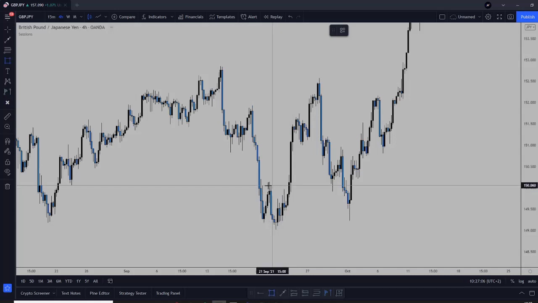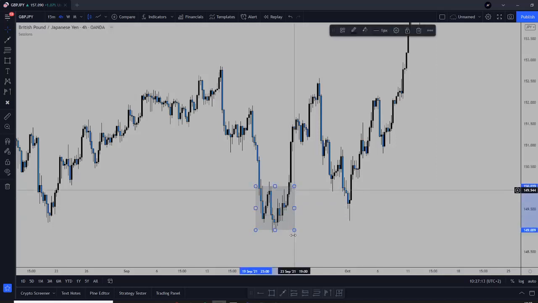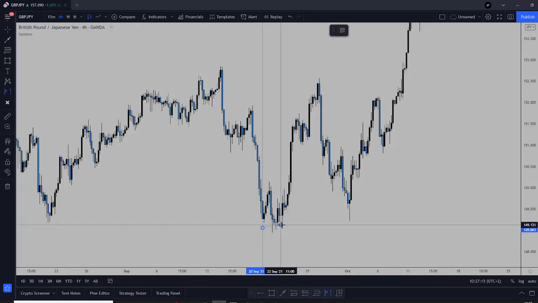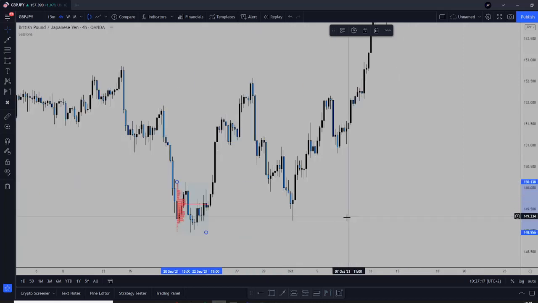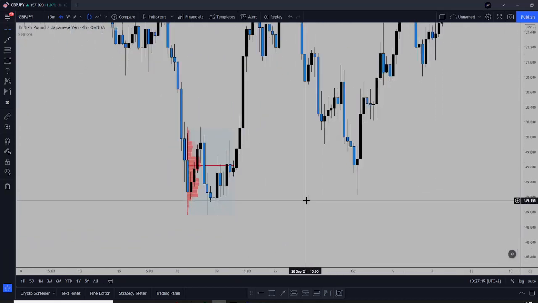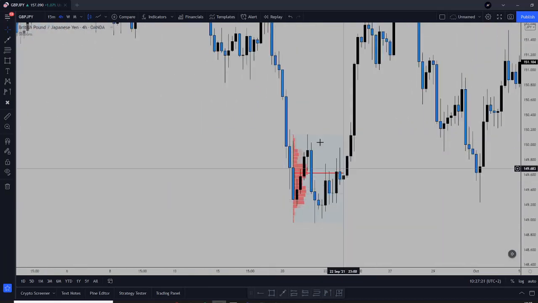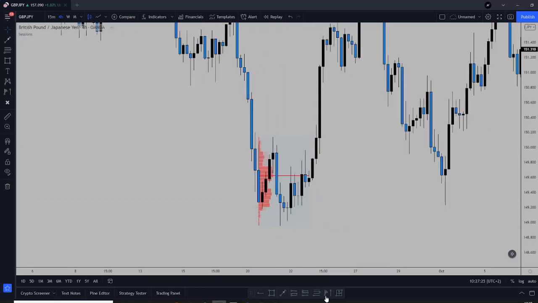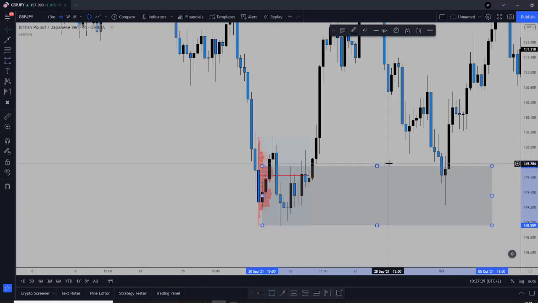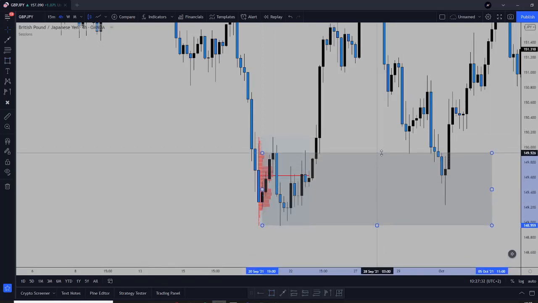Over here we have all this ranging price action, which is not too clean to draw a zone, as you can draw zones in different ways. We can use all the consolidation and see where the whole volume is. As you can see, the volume is pretty much in the middle. You can draw the zone over here like this, or use the whole thing. That really depends on you.